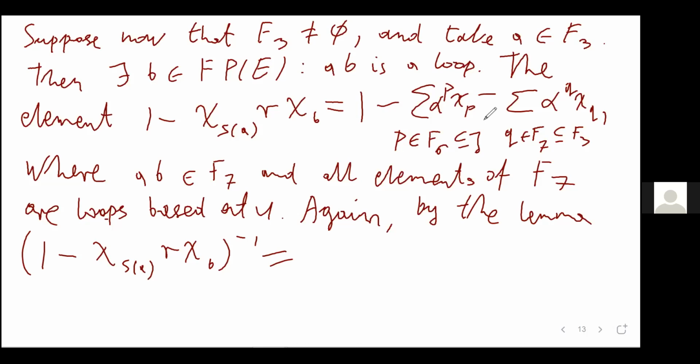And then here F3 is the set of paths that are not in J and that are not vertices. So again, vertices are excluded, so I'm in the arrow ideal. So these two sums are in the arrow ideal. So I have 1 plus something in the arrow ideal. Therefore, I know that the inverse of such an element must be the inverse of 1, which of course is 1 plus something in the arrow ideal. And I can write it down in the following way.